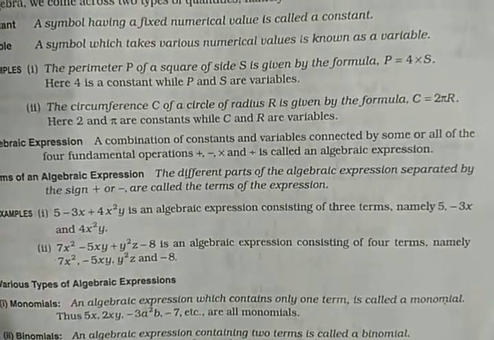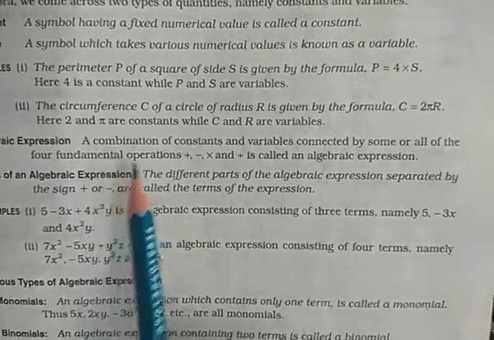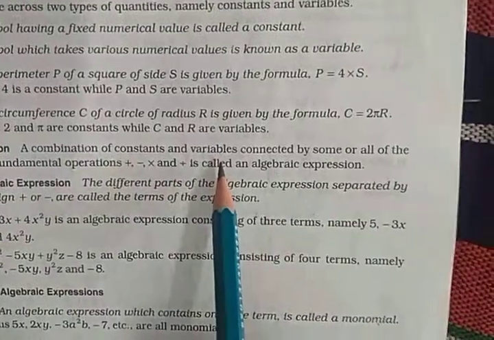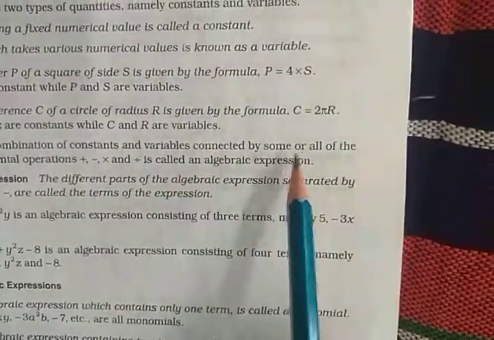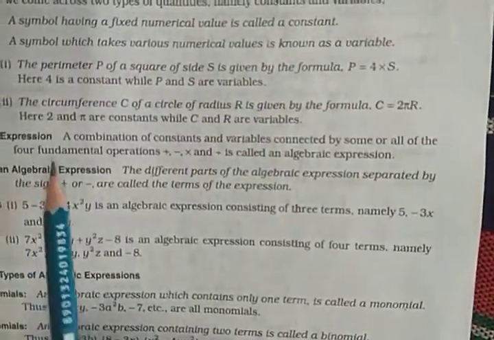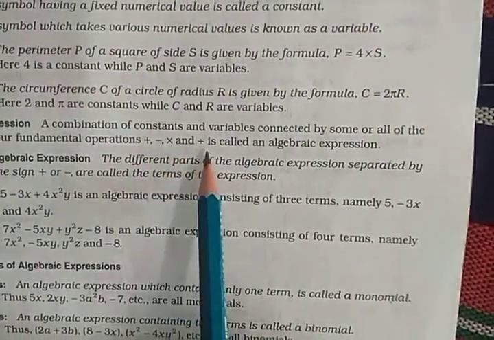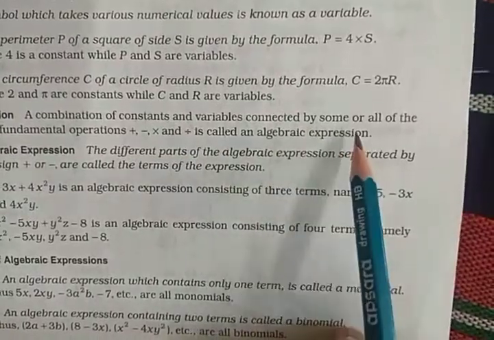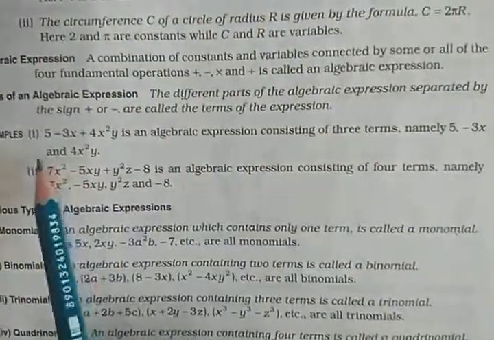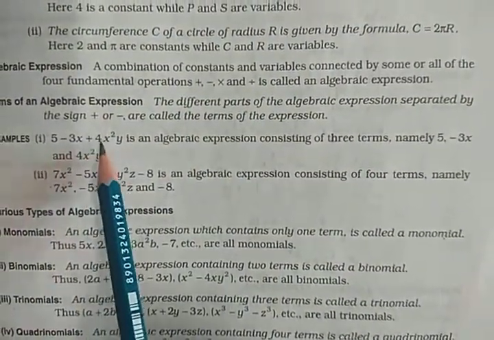Algebraic expression: a combination of constants and variables connected by all four fundamental operations, that is plus, minus, multiplication and division, is called an algebraic expression. Example, 5 minus 3x plus 4x square y.